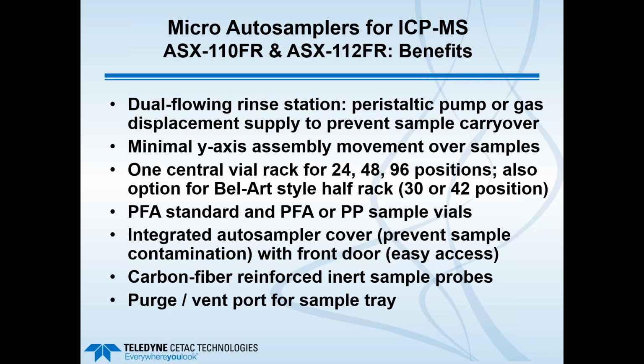The 110 and 112 are also supplied with inert or fluoropolymer sample probes that have an encapsulated carbon fiber support to keep the probe straight. And finally, there is a purge vent port for the sample tray in case fumes from very corrosive samples need to be removed to an exhaust source.